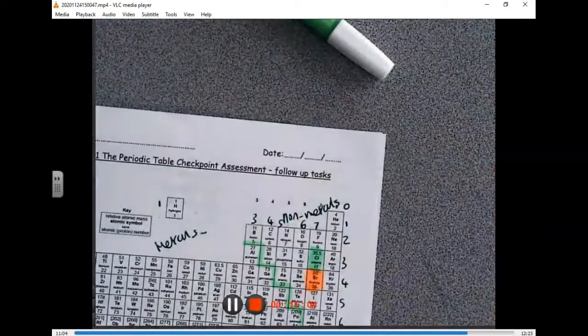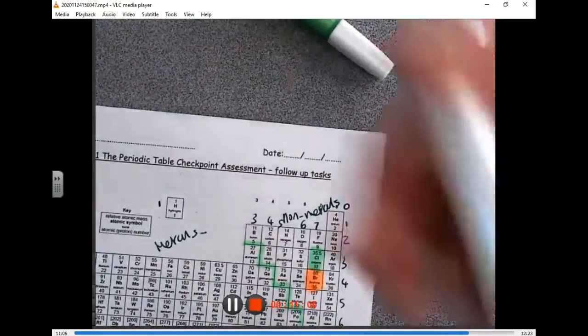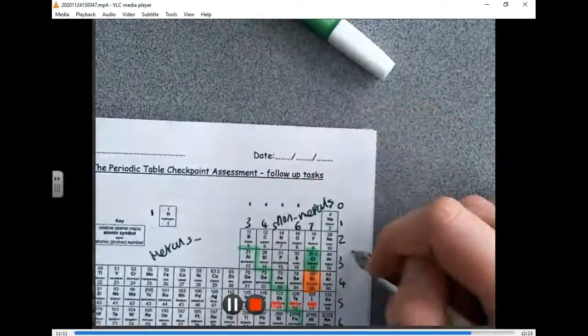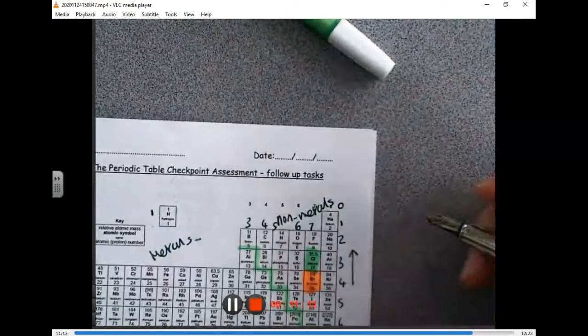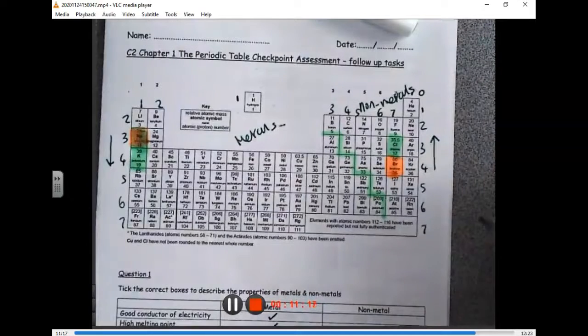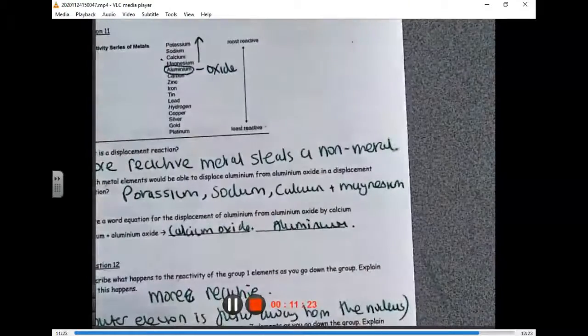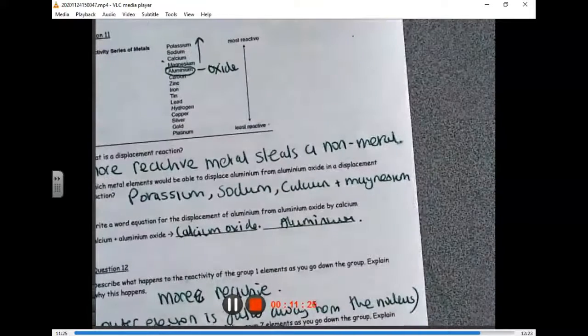So which of those would be most reactive? So you want the lower one down in group 1 and the higher one in group 7. So it's going to be potassium and chlorine. Okay? Potassium and chlorine. Potassium's lower in group 1 and chlorine's higher in group 7. Okay? Explain your answer.